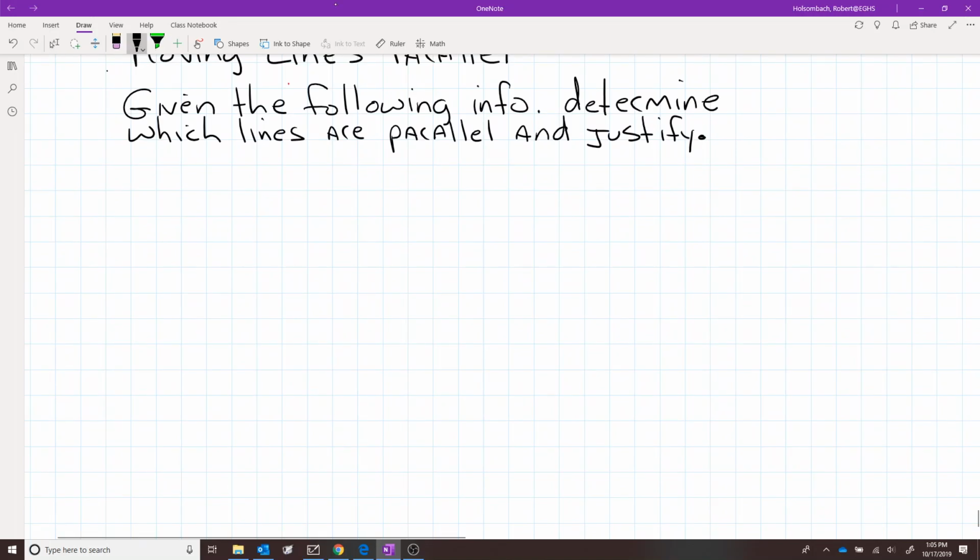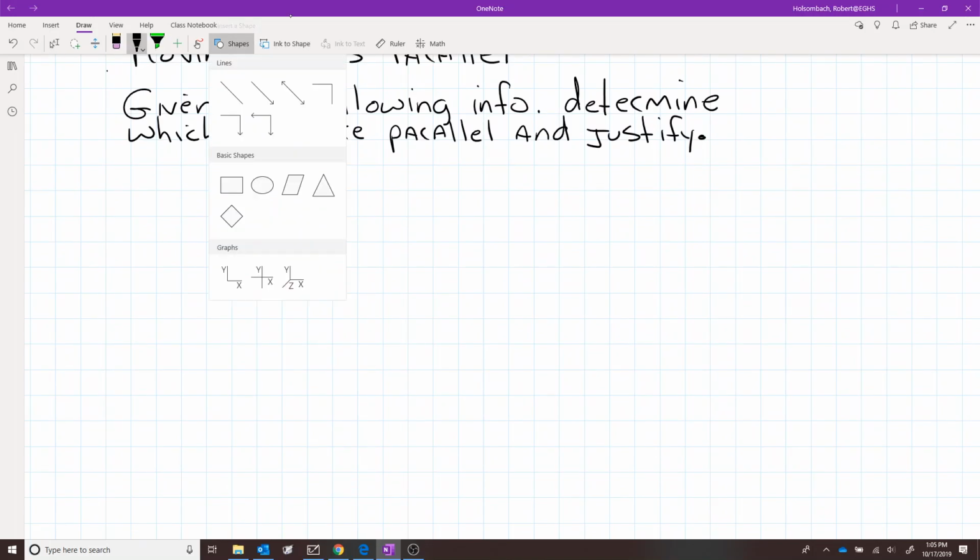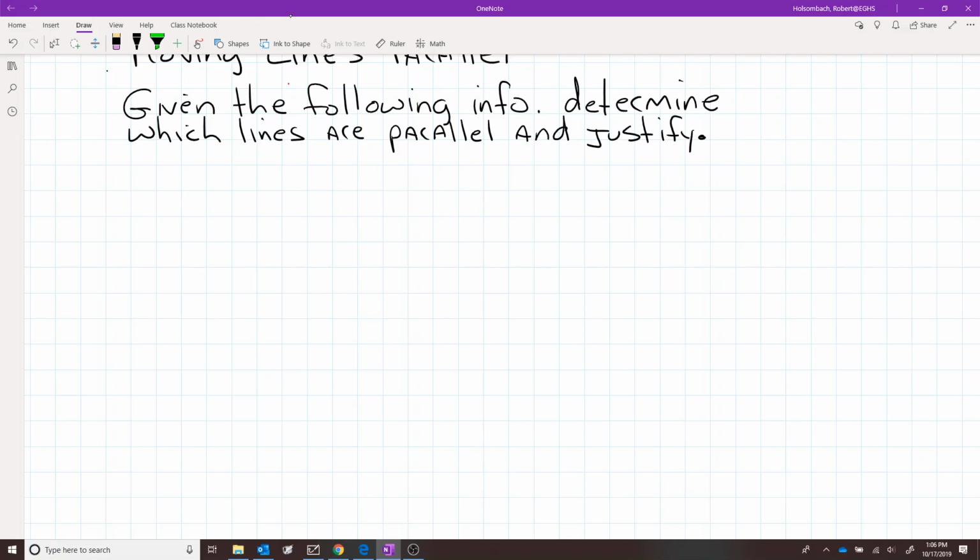So, the next thing we want to get drawn is this diagram, and we got to get some angles labeled. So we need a couple parallel lines or parallel appearing lines on your paper.